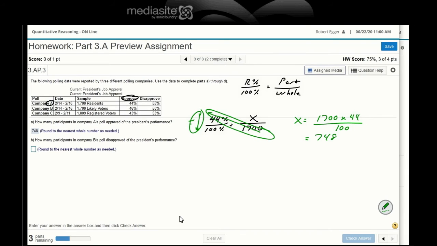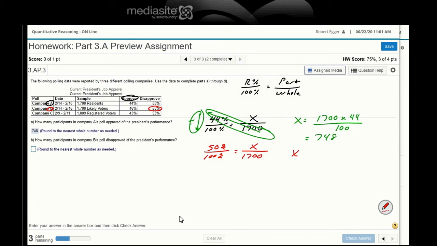Okay. How many in company B's poll disapprove of the president's performance? Okay, 50 over 100 over its population, a sample size of 1,700.